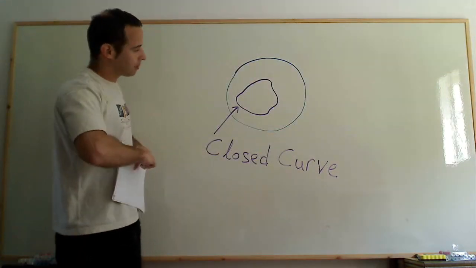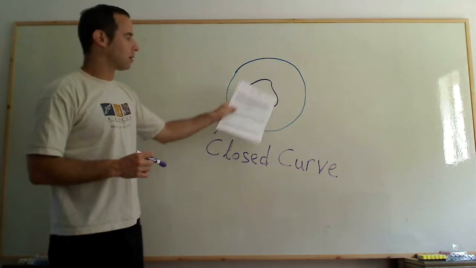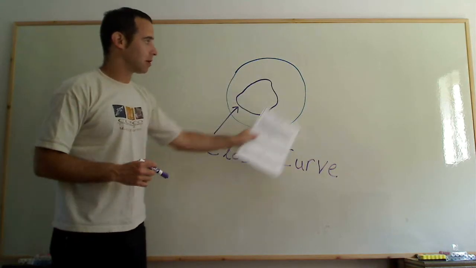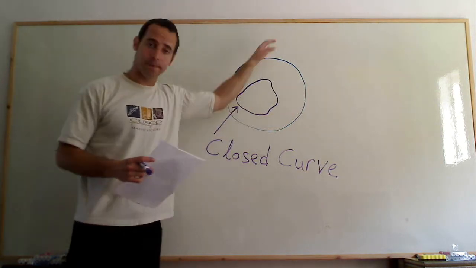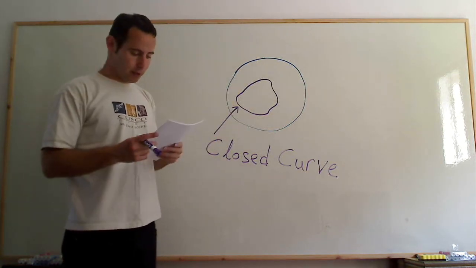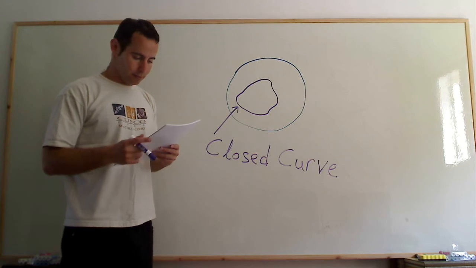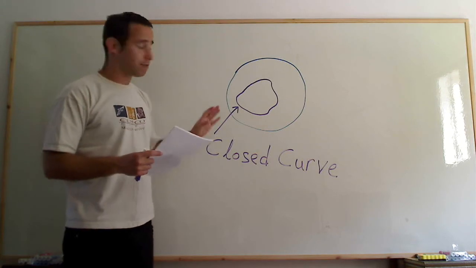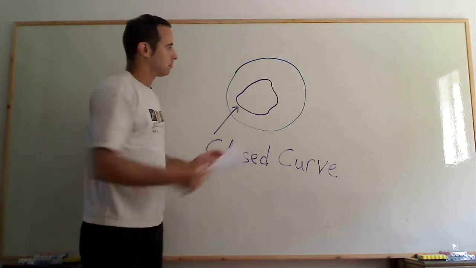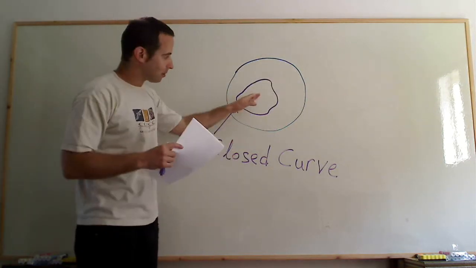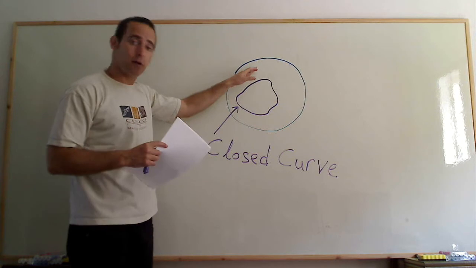And now if we draw a closed curve on a simply connected shape, for example, Australia on the globe, it divides the whole picture to inside the closed curve and outside the closed curve.